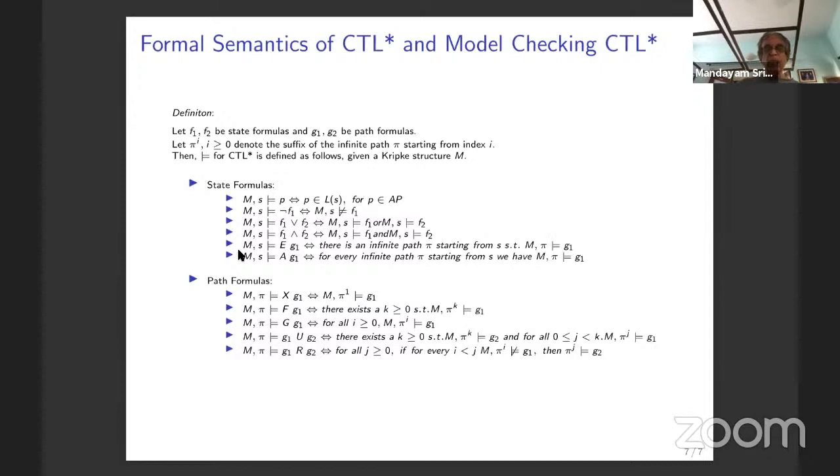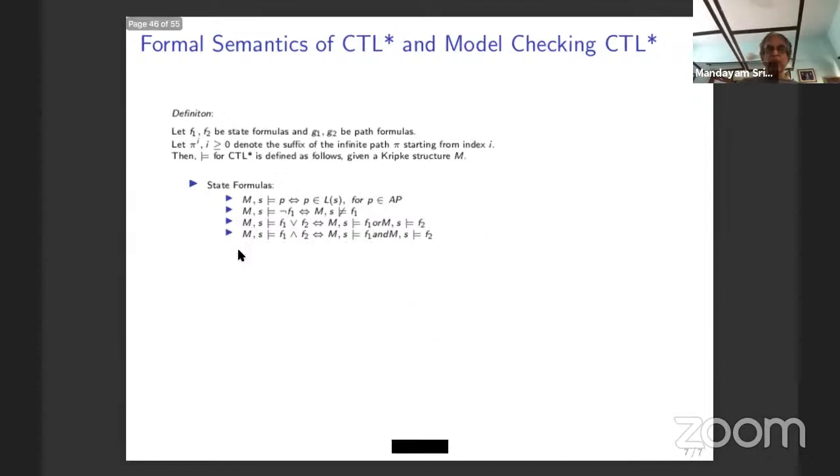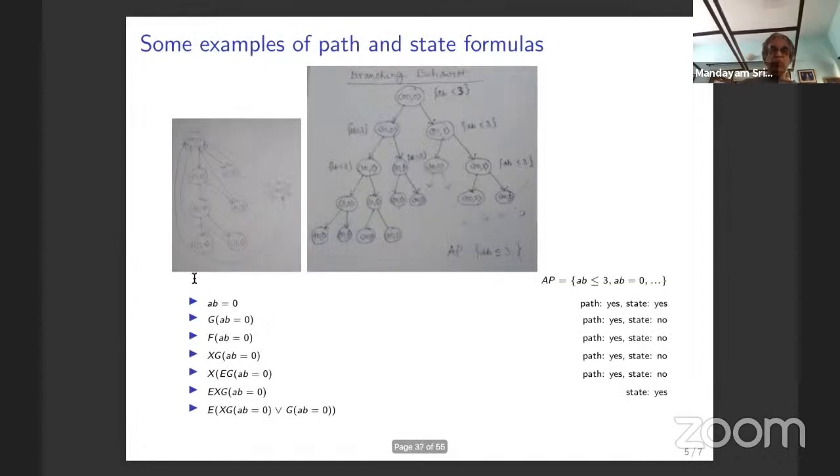Okay, so just go through that exercise yourself. Use these formulas and come up with your answer. If it is a path formula, whether it is true of any path, and when it is a state formula, come up with some states in the system, in your branching behavior, for which it is true, or whether it is true of the initial state. So we will discuss that in the next class.